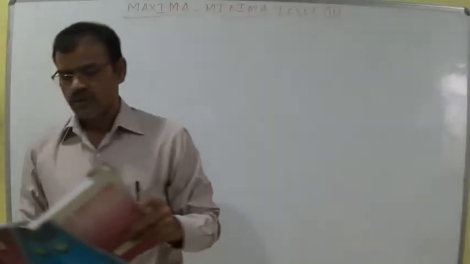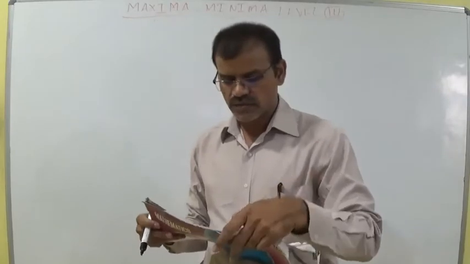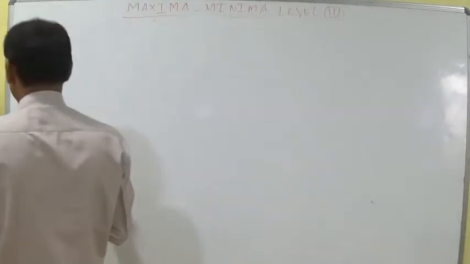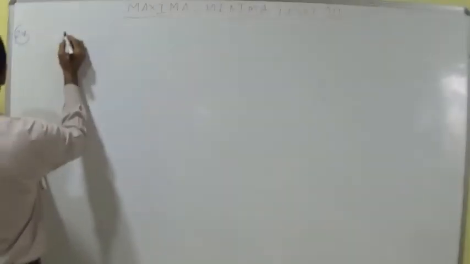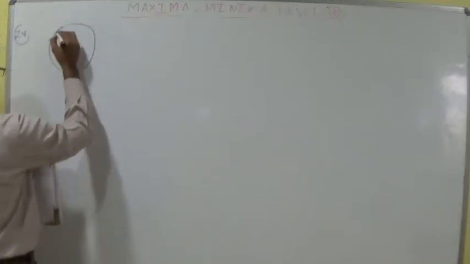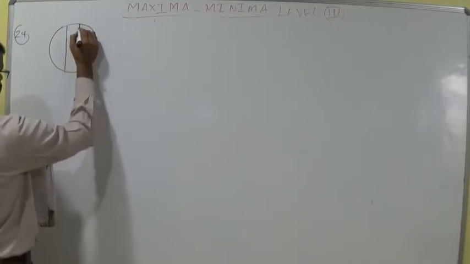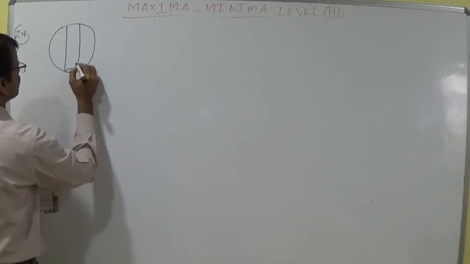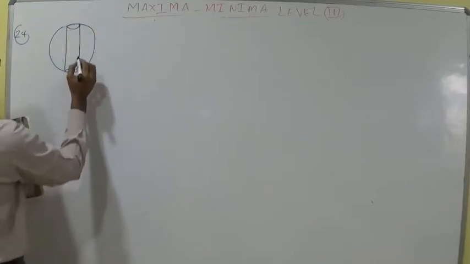One. The height of the cylinder of maximum curved surface area that can be inserted in a sphere of radius capital R. You should calculate the height.